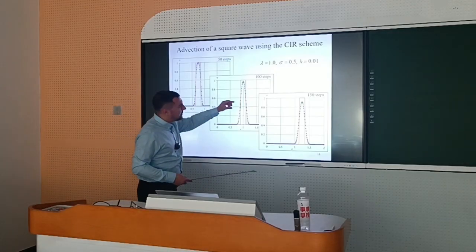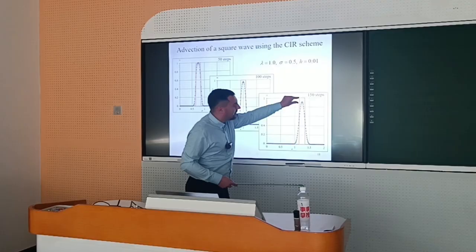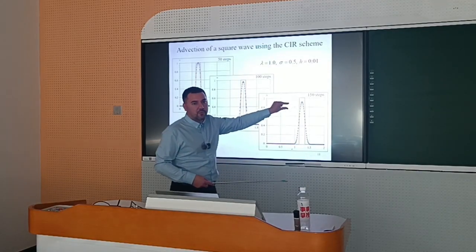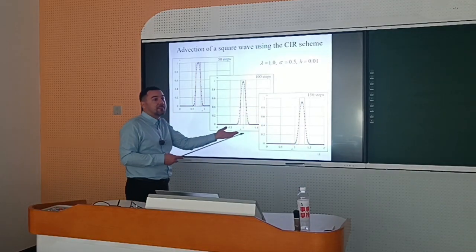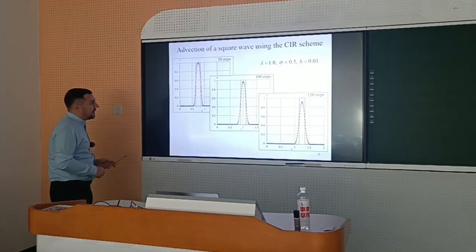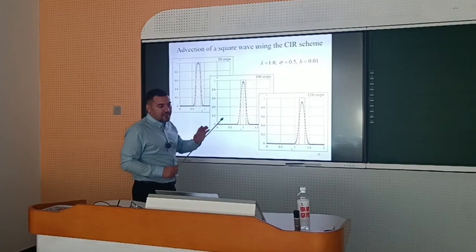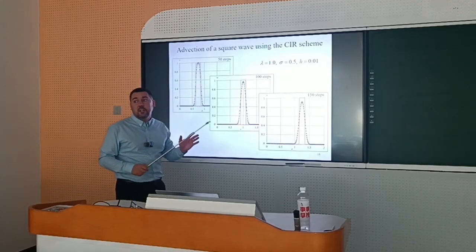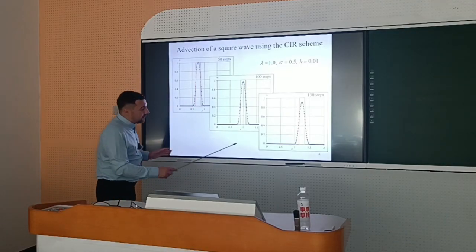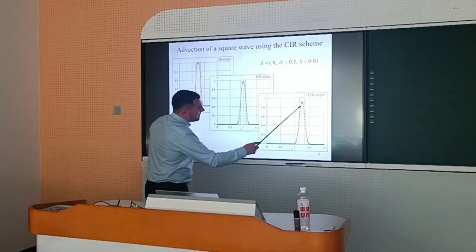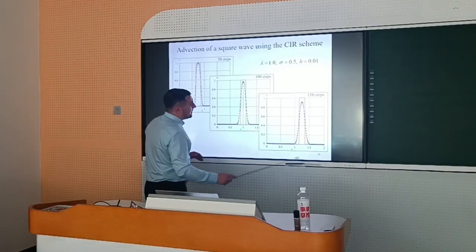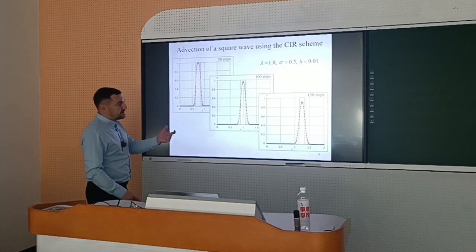It means that after 150 steps, you will lose about 20% of the amplitude of your wave, right? That's not acceptable. That's the illustration of why first-order schemes usually are not good enough for simulations. Your profile becomes more smeared, and you lose your amplitude. So these are bad things.